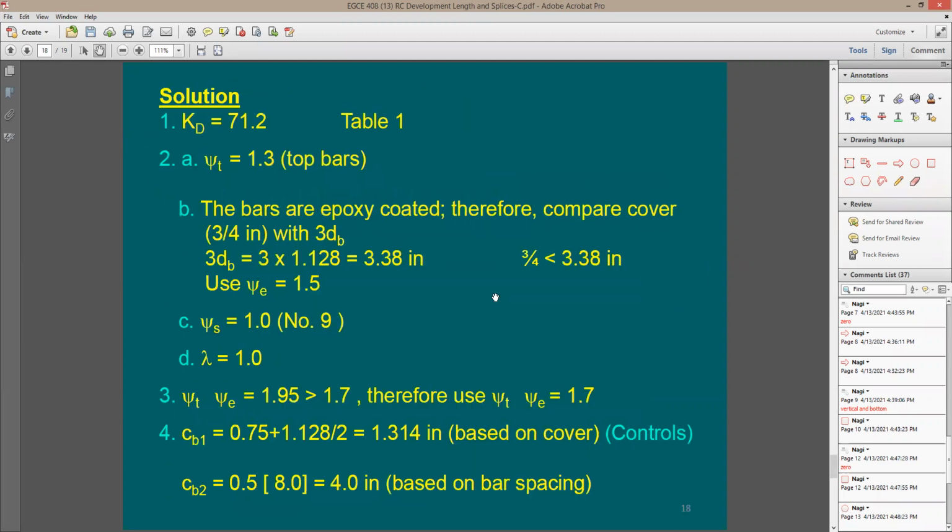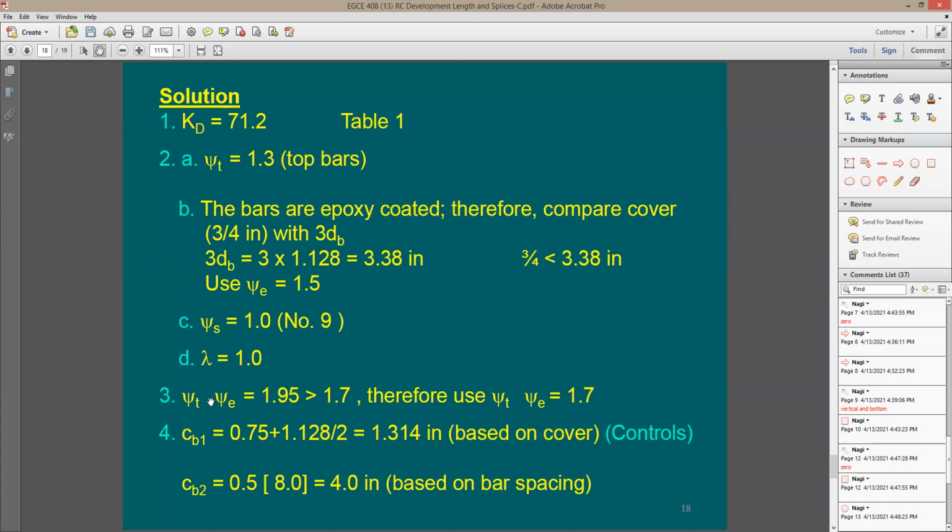So, okay. Let me look here for this psi sub E. So psi sub E, as we say, is going to be 1.5, and here's the reason. Top rebar is going to be 1.3. K sub D, I have it, which is the concrete strength and yield strength of the steel. Normal weight concrete is going to be 1. They didn't say lightweight concrete. If no one said lightweight concrete, it means it's going to be normal weight concrete.